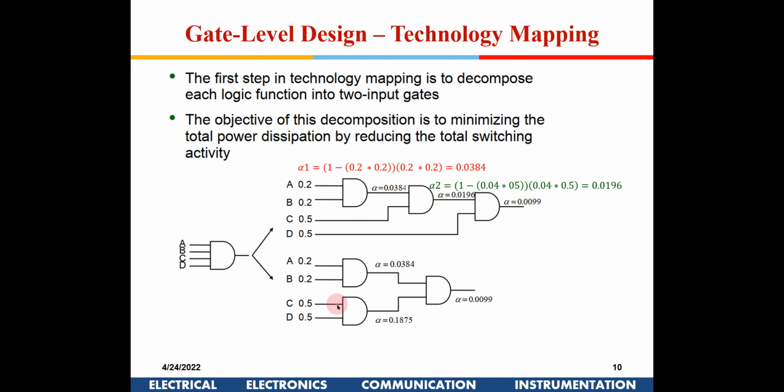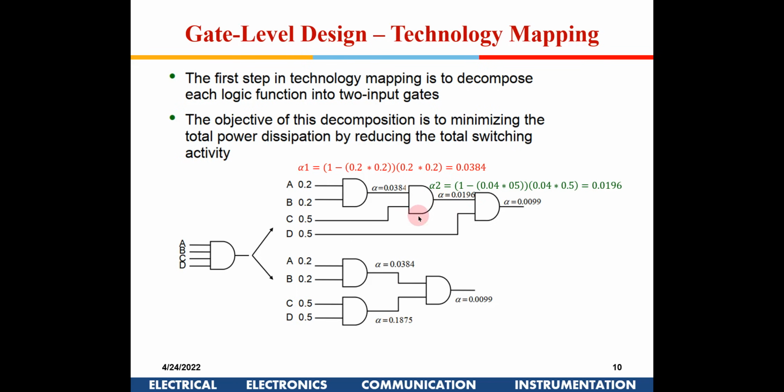Now if I reorganize this gate out here in this manner, you will find that this particular node has gotten higher, so it is 0.083 and 0.009. These activity nodes are coming to be the same, whereas for the third one it is much lower than the value out here, right?